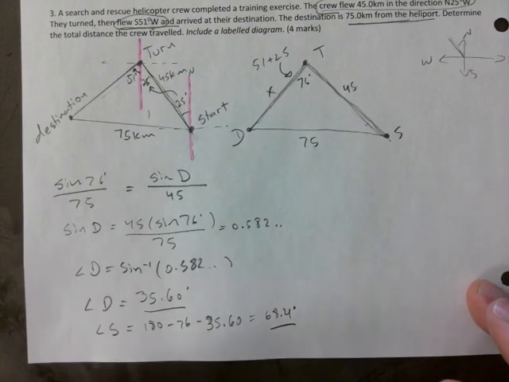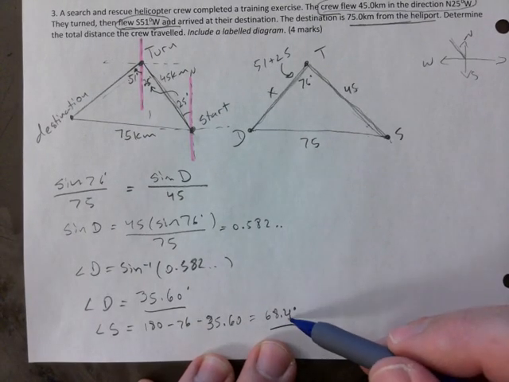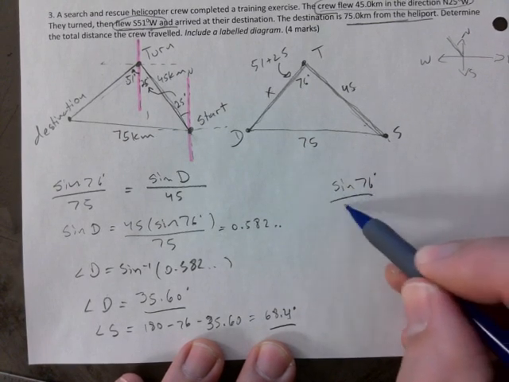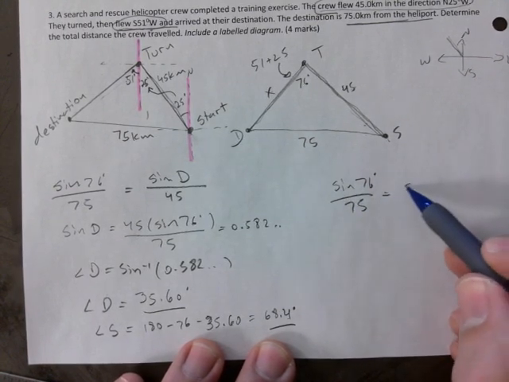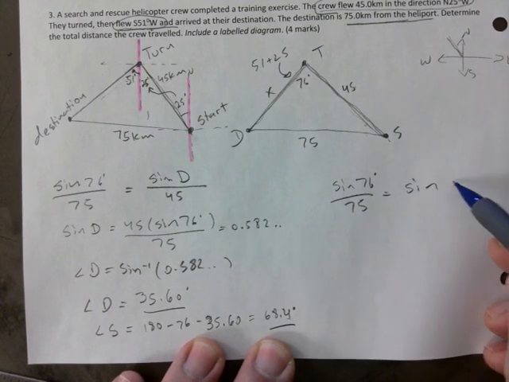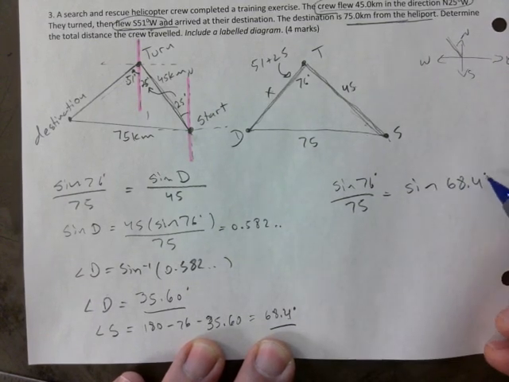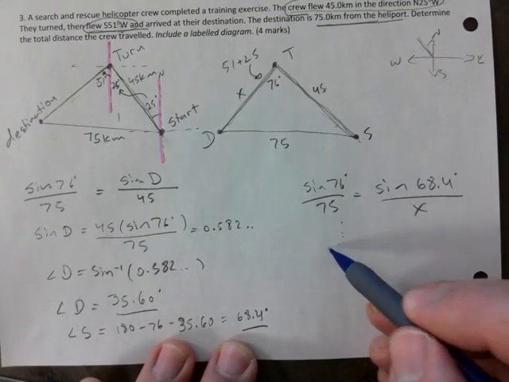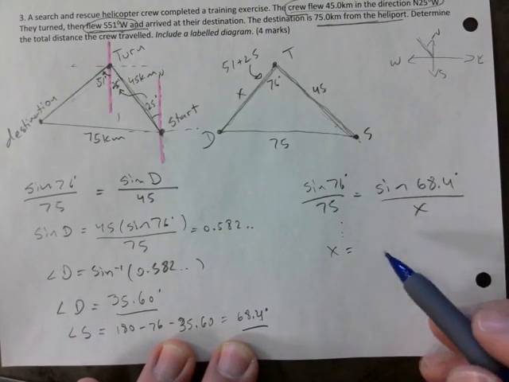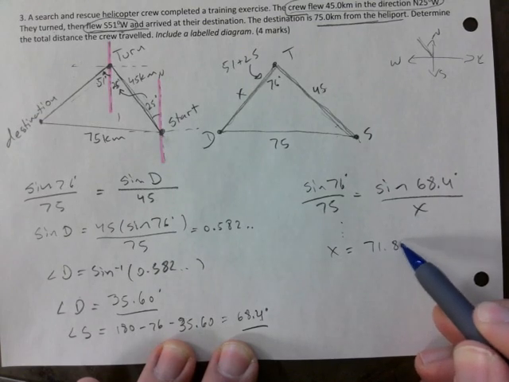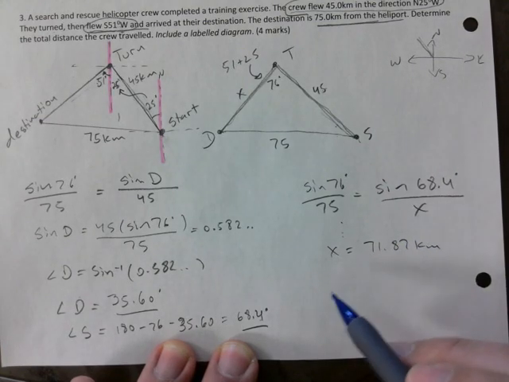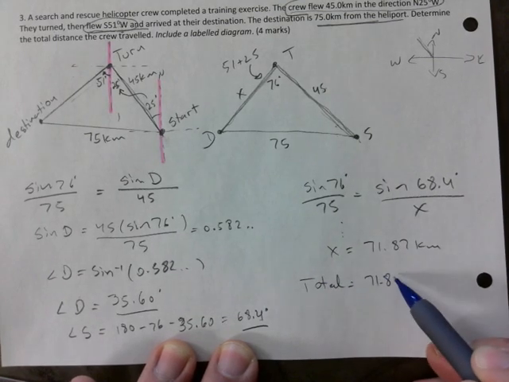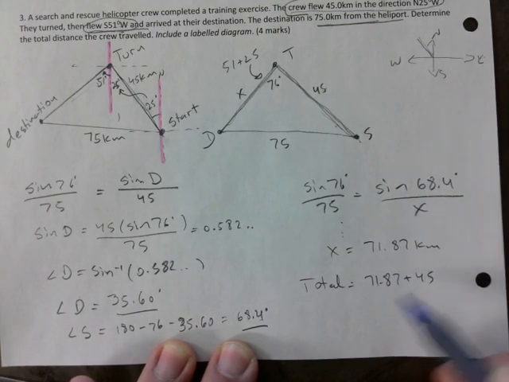All important pieces of information. Now that you have this angle, I'm going to use the same pair that I had from the beginning, but I'm going to use angle S, so 68.4, to solve for side X. Once you do that, I'm just going to skip to the answer here, 71.87 kilometers. So total traveled would be 71.87 plus 45.